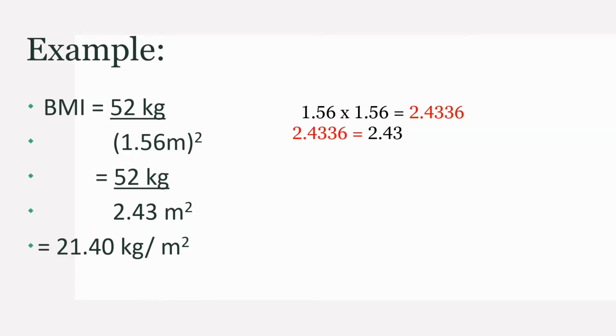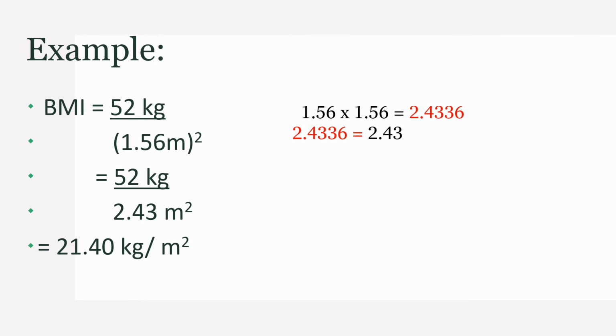Now let us proceed to our example computation. Again, the formula in getting your BMI is weight over height in meters squared. The givens are, for weight, 52 kilograms, and for height, 1.56 meters.